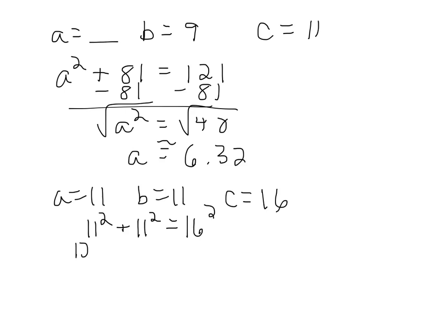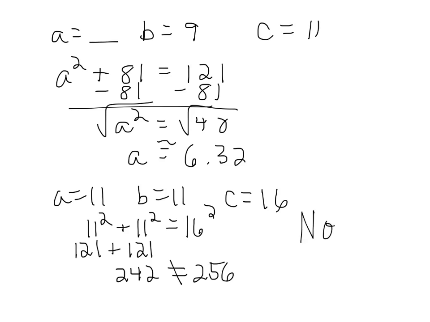So 121 plus 121 is equal to 242, and that is not 256, therefore it is not a right triangle.